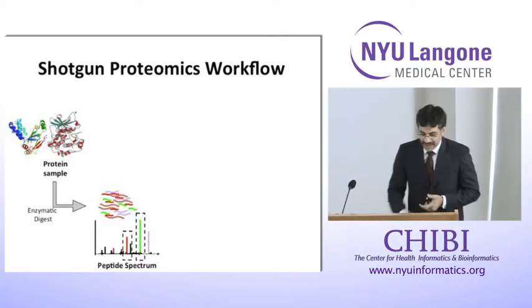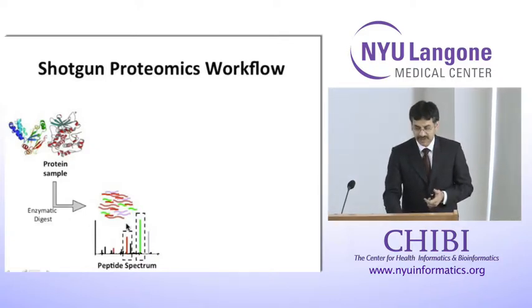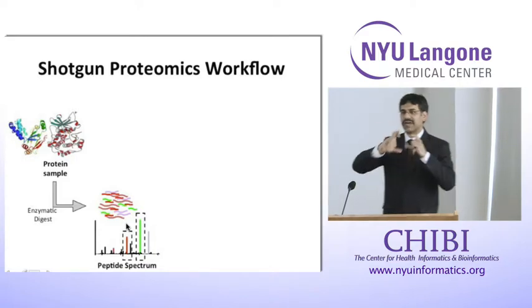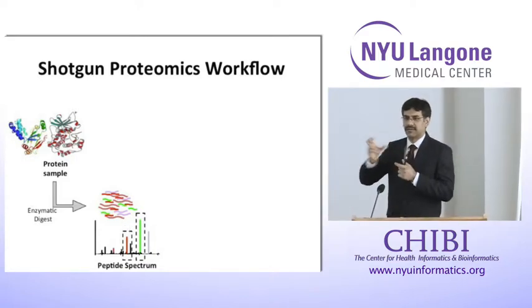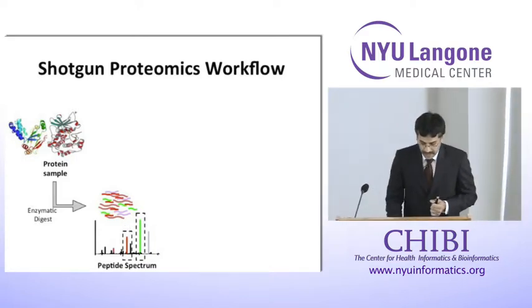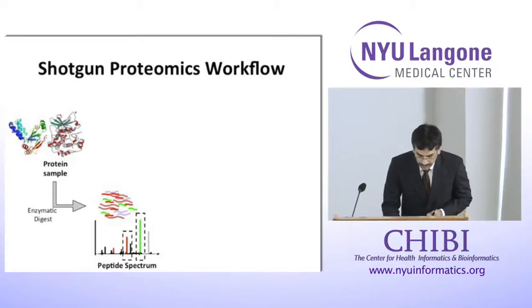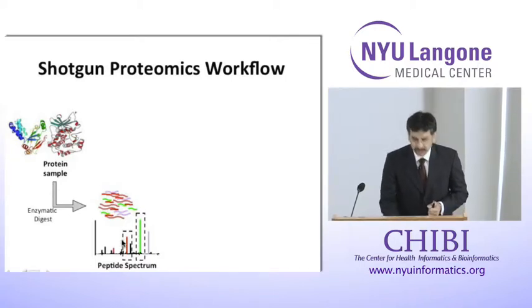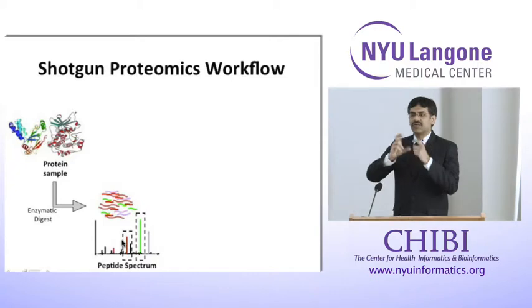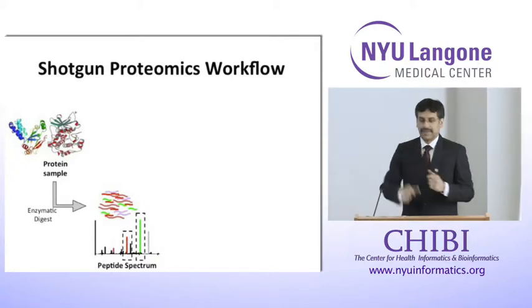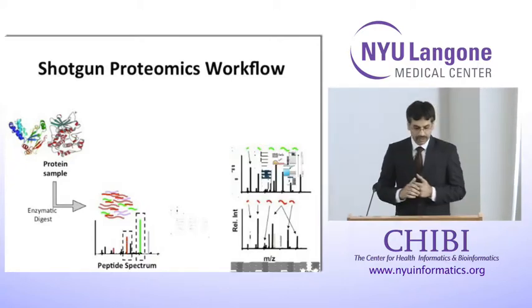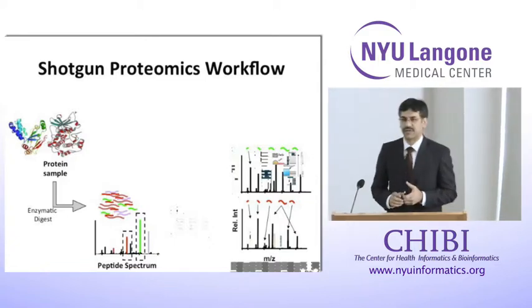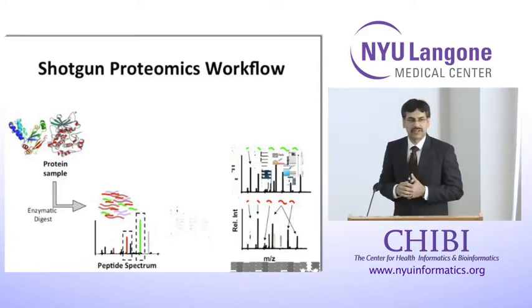And then we have this first stage of mass spectrometry, which basically scans for intact peptides, those amino acid sequences. Based on what we have here, it will isolate the most abundant peaks, and then it will shoot them through another stage of mass spectrometry and generate fragment ion spectra.